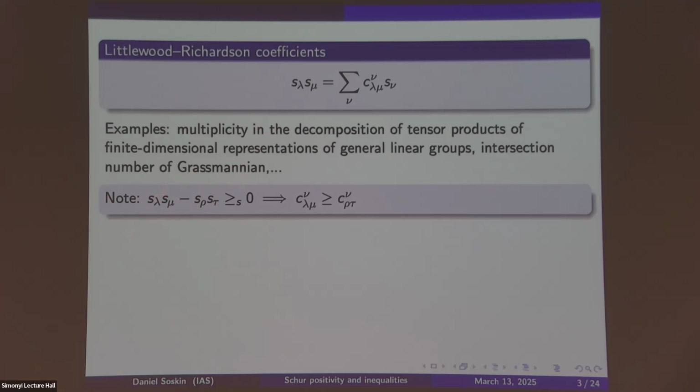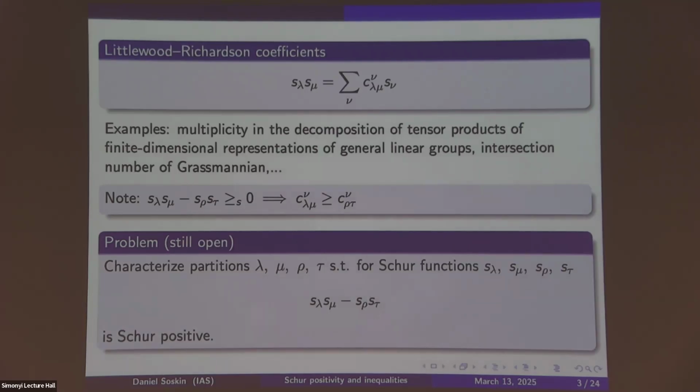In particular, if we have such an inequality, that the product of two Schur functions minus the product of two other Schur functions is Schur positive, it implies an inequality on Littlewood-Richardson coefficients indexed by lambda, mu from the first pair and rho, tau from the second pair, and also some partition nu.